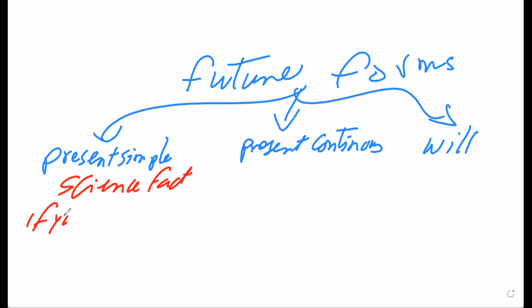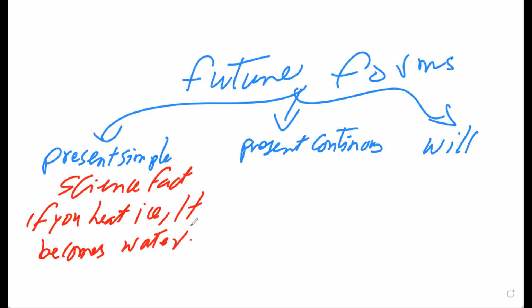If you heat ice, comma, it becomes or turns into water. أنا لما أقول لك يا سارة إذا سخنا الآيس اللي هو الثلج يعني it becomes water بيصير water. تقدري تقولي لا أنت غلطان؟ لا. استحالة. ليه؟ لأن ده science fact. Okay? But if you heat ice, it becomes. هتلاحظي هنا عندي present simple.